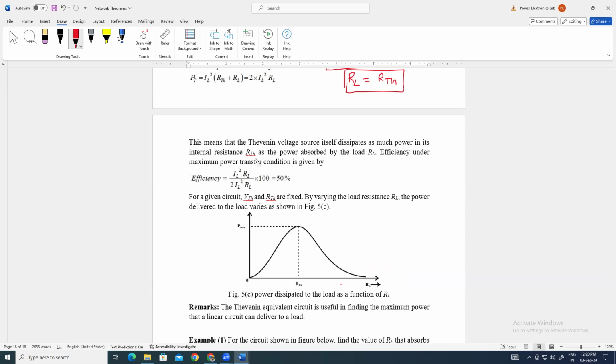So efficiency under maximum power transfer condition, if we calculate, we know that the efficiency is represented by eta. So efficiency is equal to power output divided by power input. So power output is nothing but IL square into RL, and input power is 2 IL square into RL.